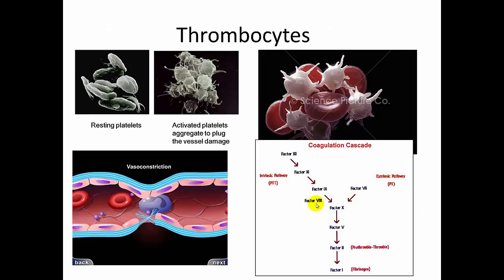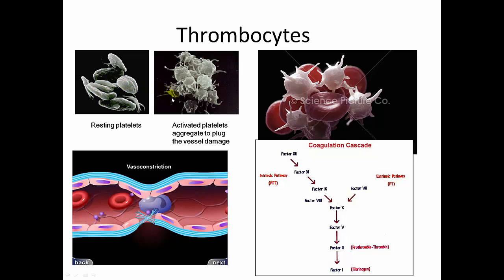And then we have thrombocytes. Now, thrombocytes are platelets. They're part of the coagulation process. They're also produced in the bone marrow. So you can see that when not in use, they just look like flat little discs.